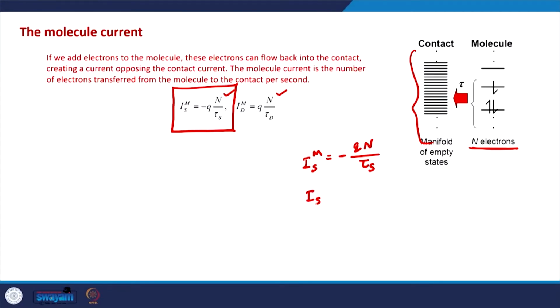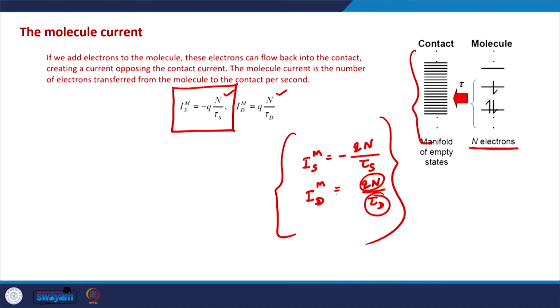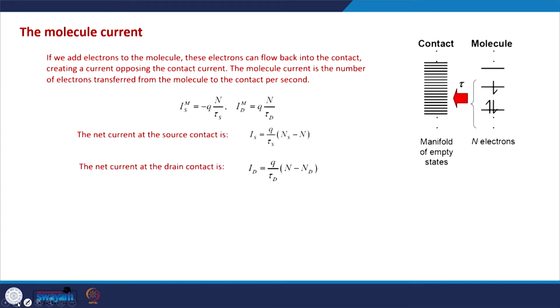Similarly, the molecule current in the drain contact is the charge available in the molecule divided by the time that it takes for this charge to transit to the drain side. So these are the molecular components. In the previous slide, we had the contact components. Finally, the net current in these systems is the sum of these two components.